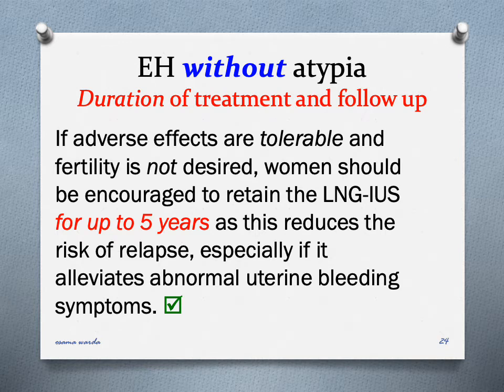Again, if adverse effects are tolerable and fertility is not desired, women should be encouraged to retain the levonorgestrel releasing intrauterine system for up to 5 years. And this reduces the risk of relapse, especially if it alleviates abnormal uterine bleeding symptoms.